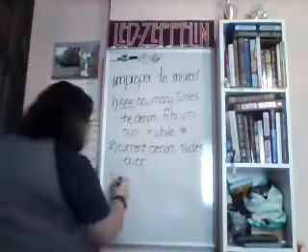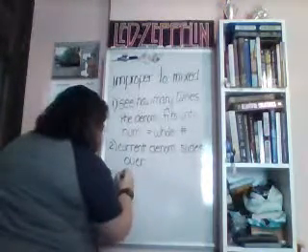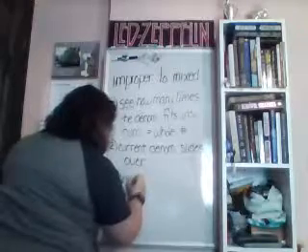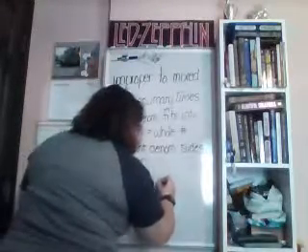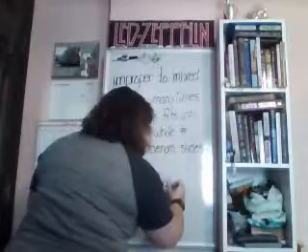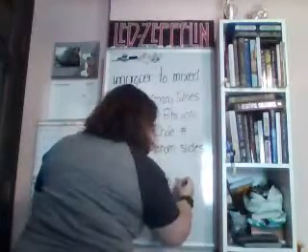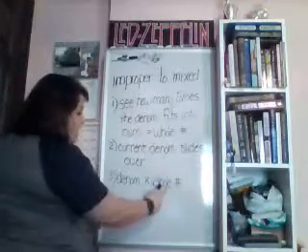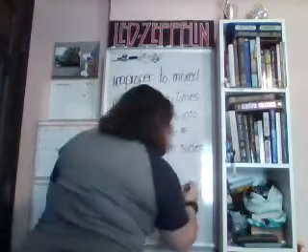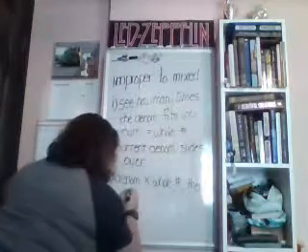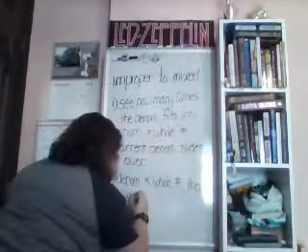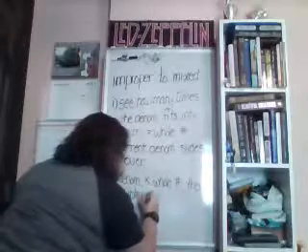Okay, so then we want to take your denominator times your whole number, then whatever that answer is, subtract it from your numerator.